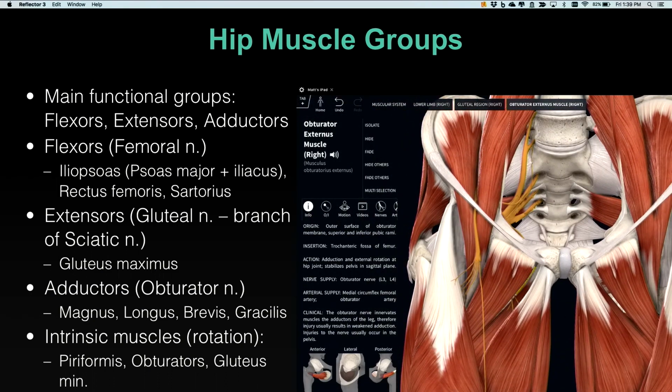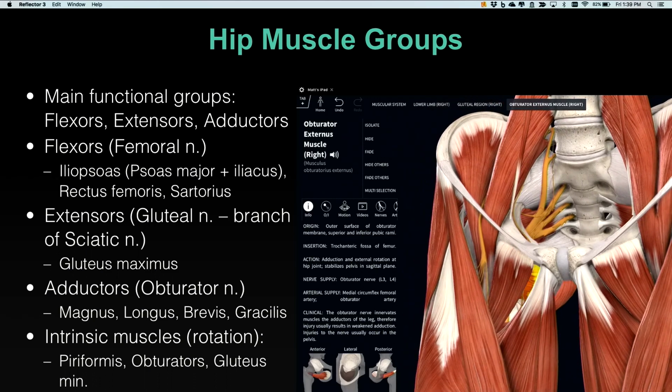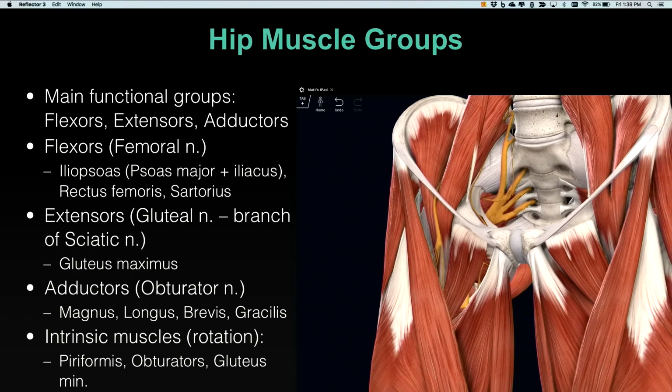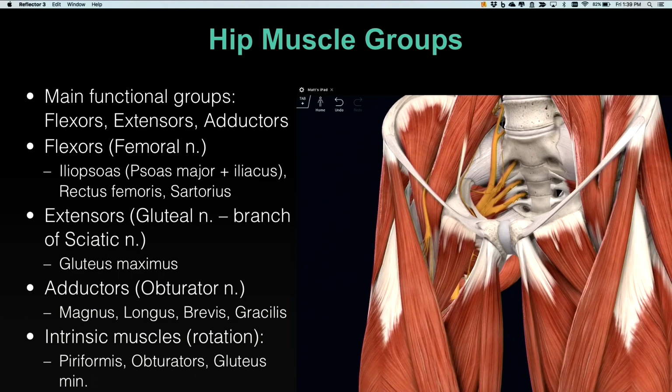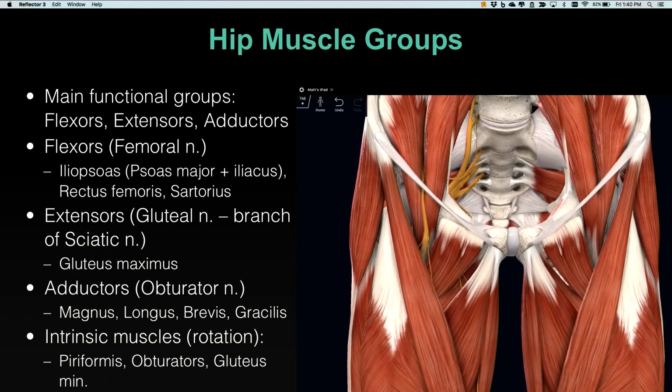Now, before we move on, I also want to take a moment just to highlight an area of interest for you. An area that is frequently susceptible to injury and also is an area that landmarks a few key arteries, veins, and nerves. And that is the femoral triangle.